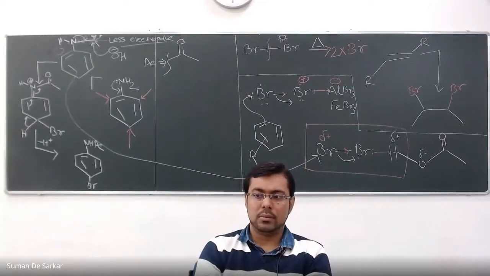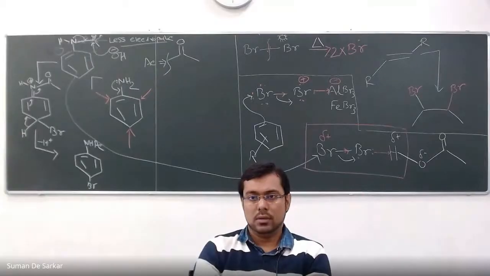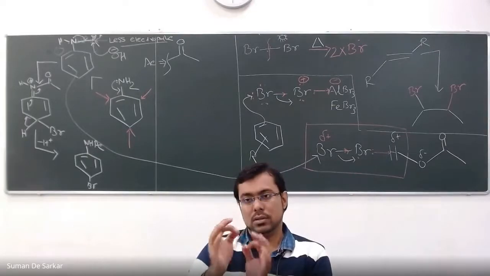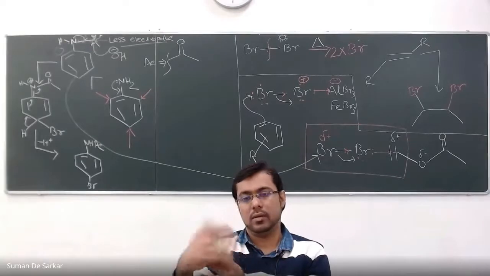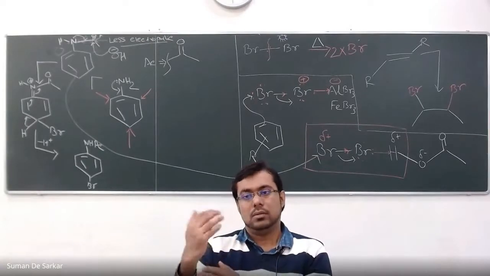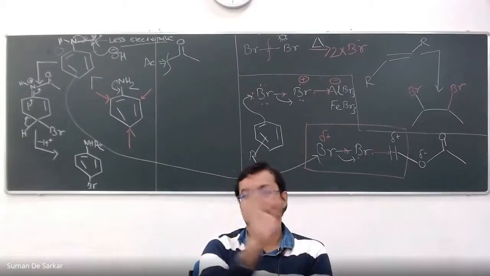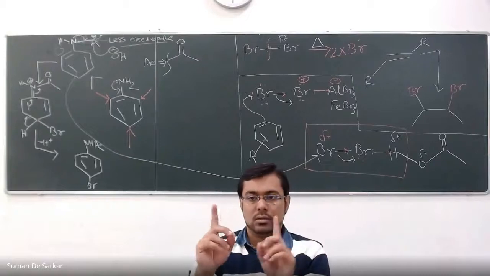But if you average out, compared to the para position, definitely the orthos are more crowded, isn't it? Yes, that's the reason. These are all rotating, it's more dynamic. This is always happening at probably a fraction of a picosecond level or even lower. The double bond character will go to single bond, rotate to the other side. So if you take an average, both the orthos are sterically crowded.